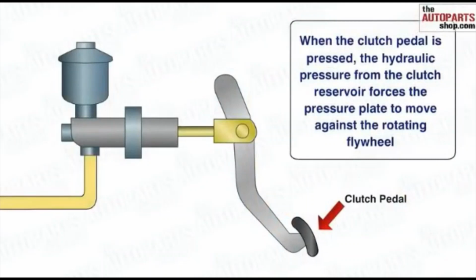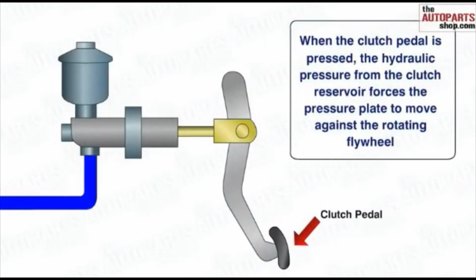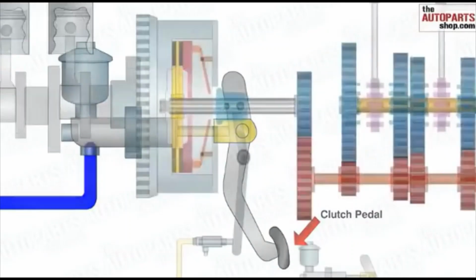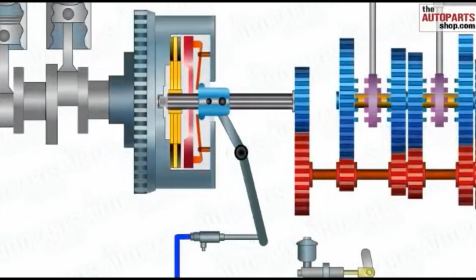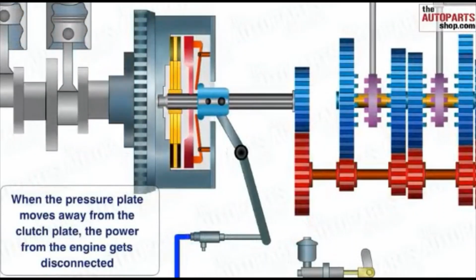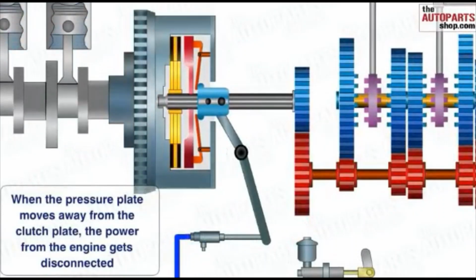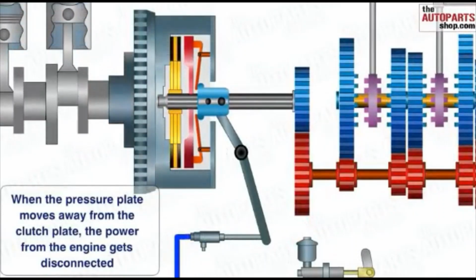When the clutch pedal is pressed, the hydraulic pressure from the clutch reservoir forces the pressure plate to move against the rotating flywheel. When the pressure plate moves away from the clutch plate, the power from the engine gets disconnected.